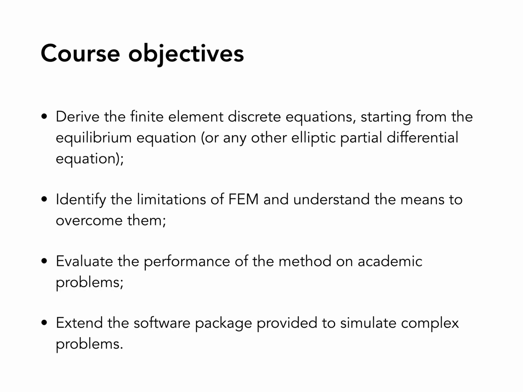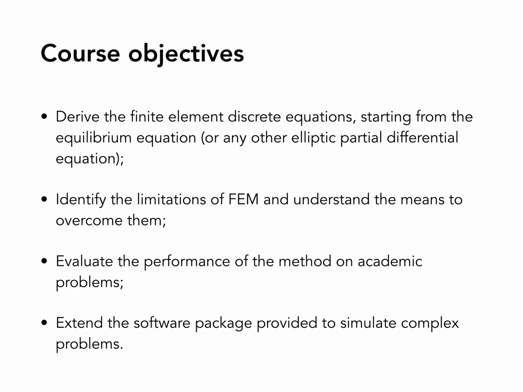The objectives for this course, you have probably read them in the study guide. Eventually you will be able to take any elliptic equation and get from your equilibrium equation, or the equation that describes your particular problem, all the way through the weak formulation up to the discrete finite element equations that you can solve in a computer. That is the idea. Understand the limitations of the finite element method and a means to overcome them.